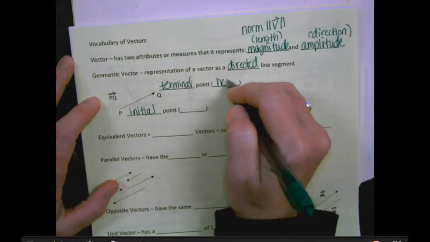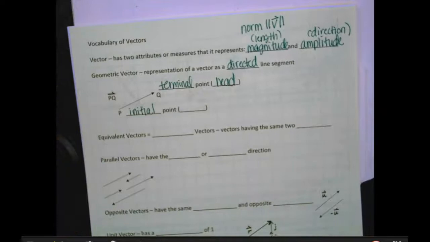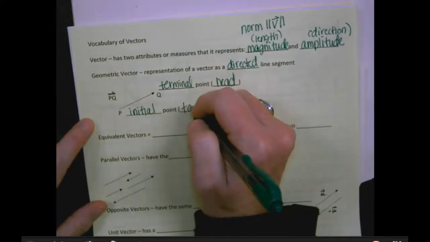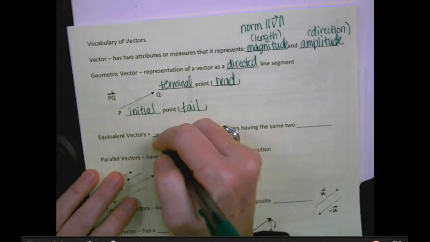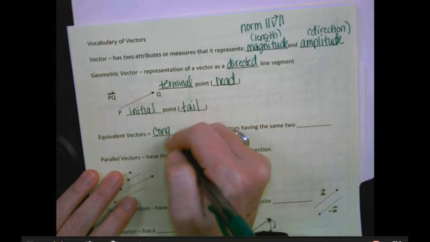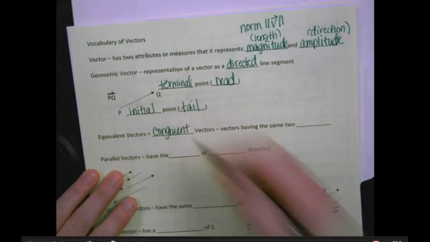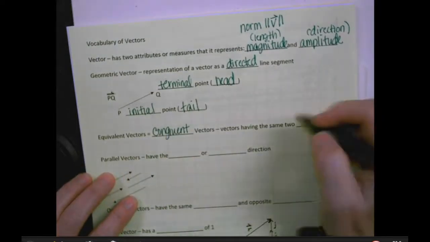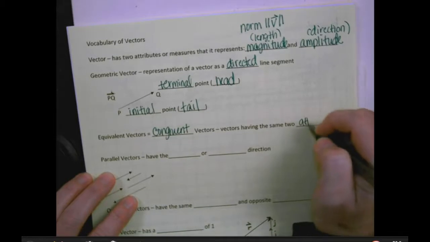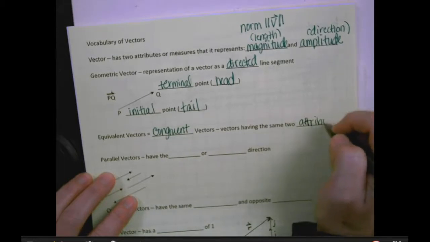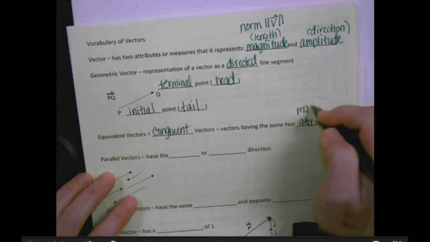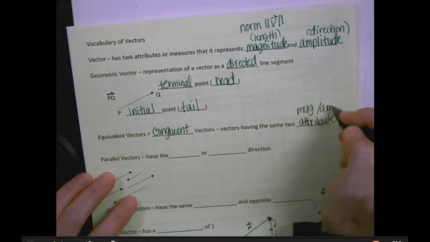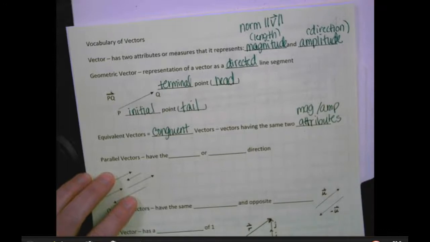Since it's where the arrow part is, it's the head, and this is the tail. So equivalent vectors are congruent. They have the same two attributes, which are magnitude and amplitude. So they have the same length and direction.